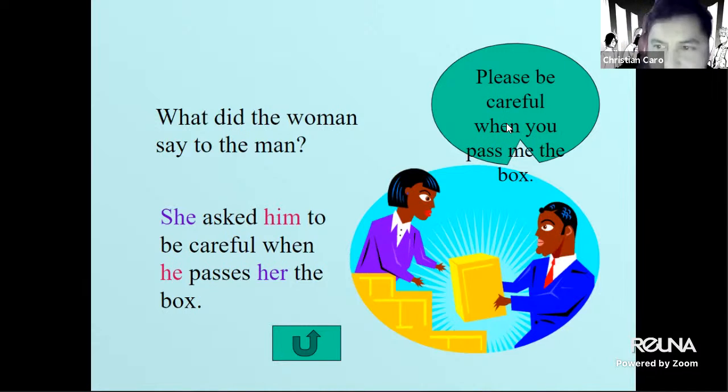So do the whole thing, you know, report the whole phrase. She asked him to be careful when he passes her the box. Okay. So be careful with the change of pronouns in this case. So if you are clear on who the speakers are, no big deal.